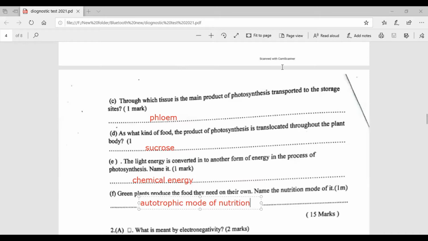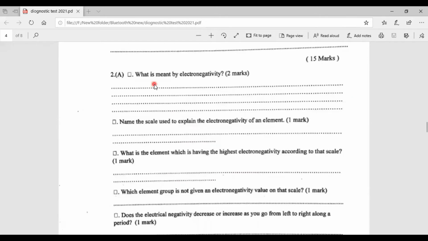Autotrophic mode of nutrition. Second question, what is meant by electronegativity? I'll write down the definition for electronegativity.